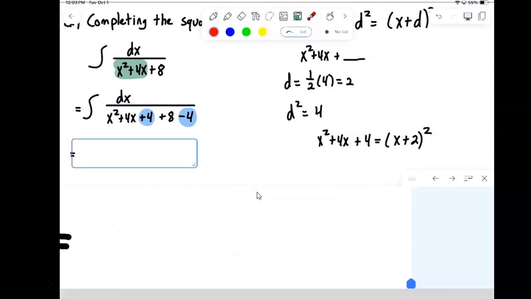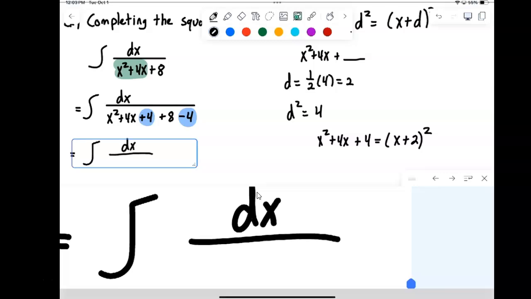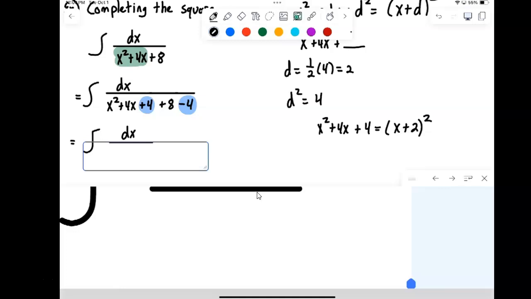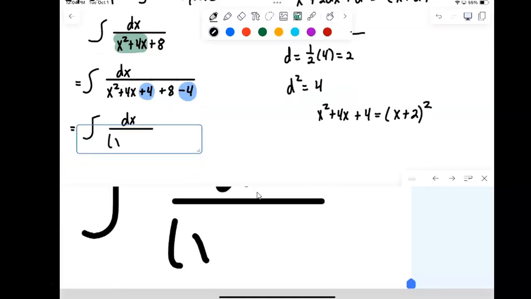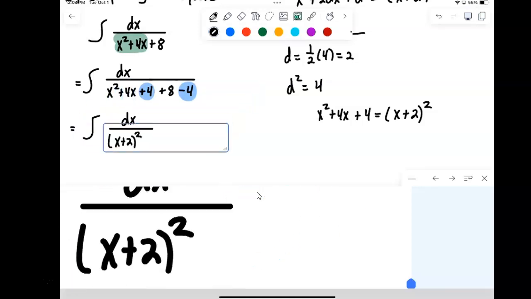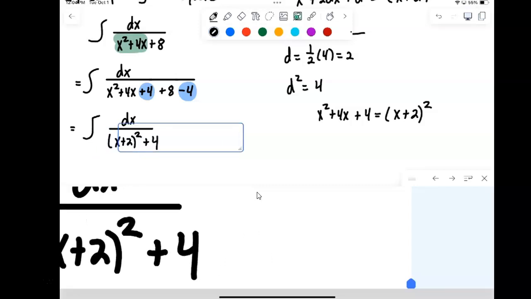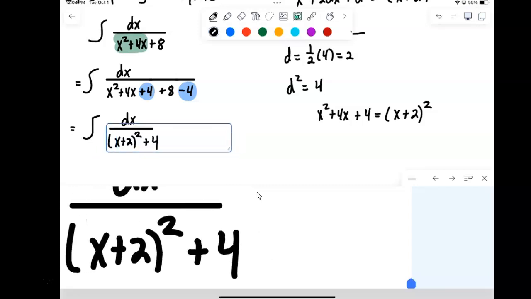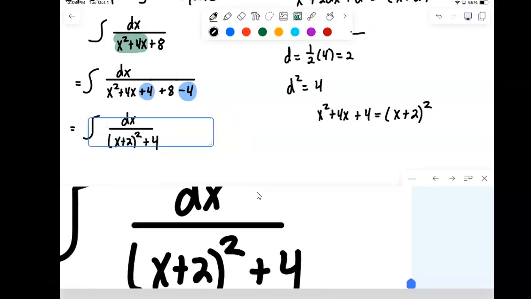So now we can rewrite this as dx over x plus 2 quantity squared, and then 8 minus 4 would be plus 4. Now this thing has been transformed so that it's in a format that we're going to be able to work with. But we're still not quite there.